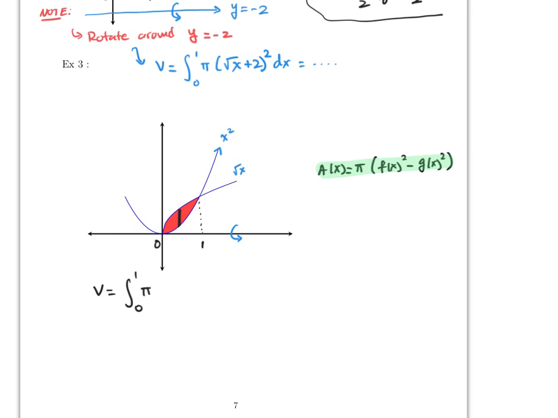So this should be pi, the upper function is radical x, I'm going to square that, minus x squared, dx.